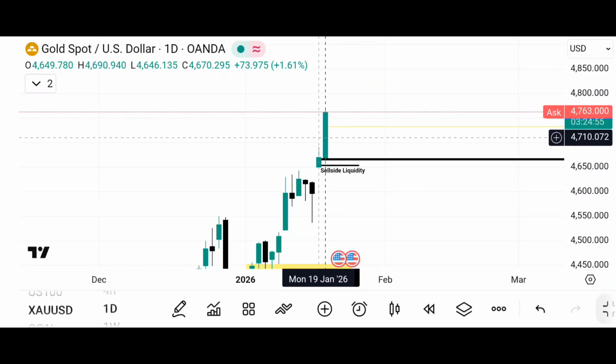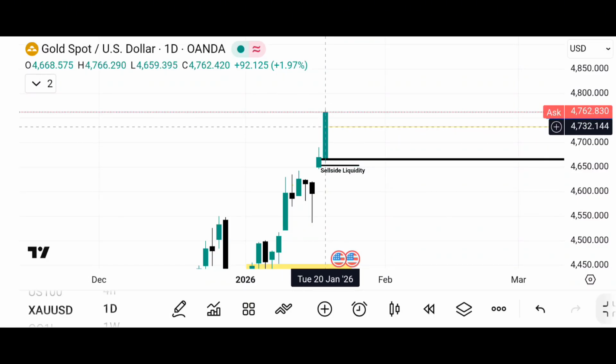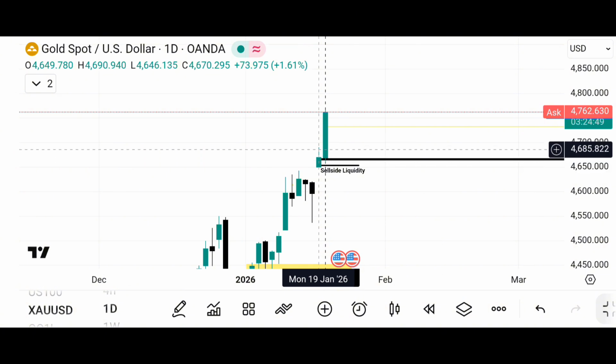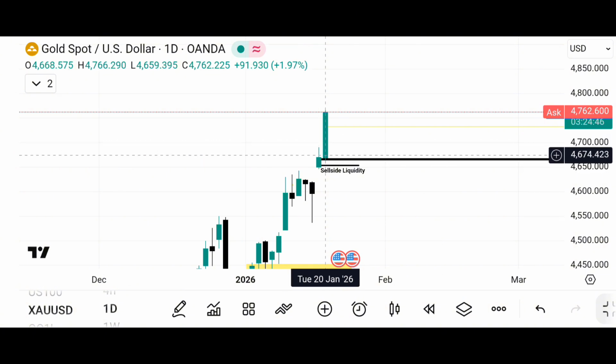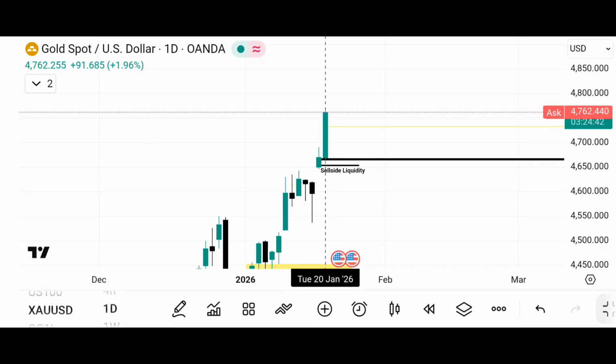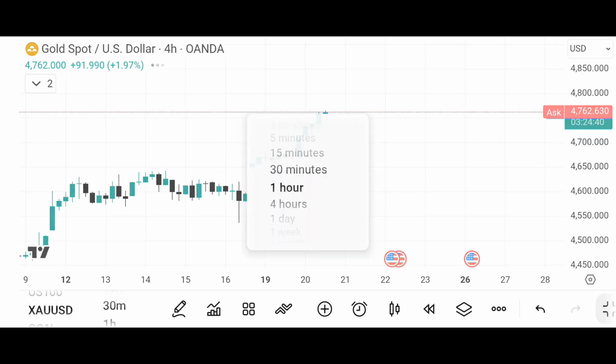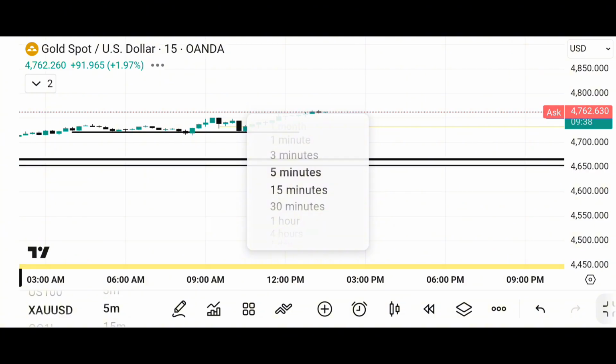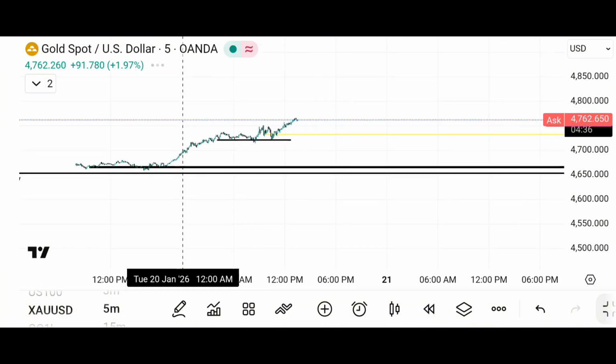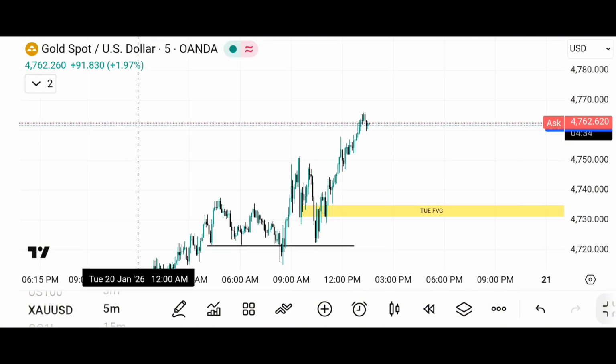Like this was Monday. So me anticipating Tuesday, I should anticipate that Tuesday's candle should be bullish. Which means, for my smaller time frame, I'll be expecting a buy trade, just like this that is being displayed right here.